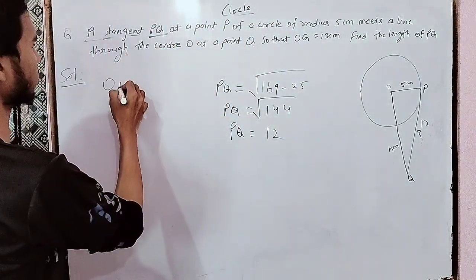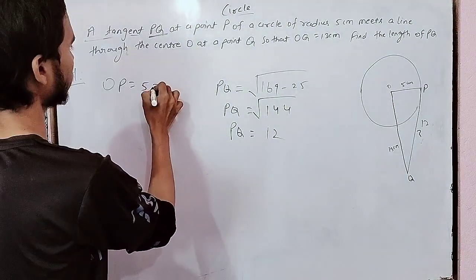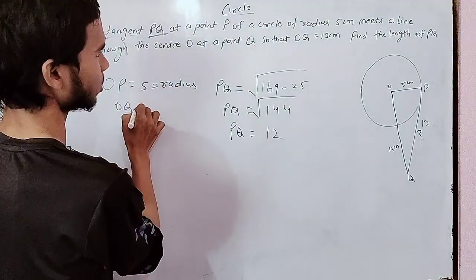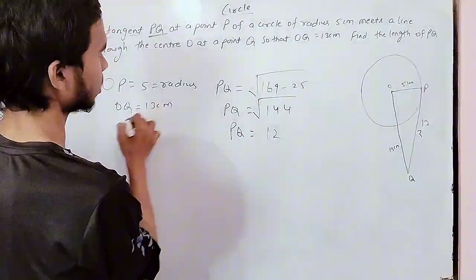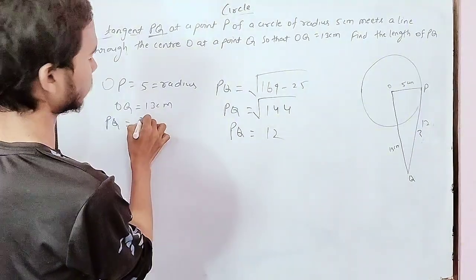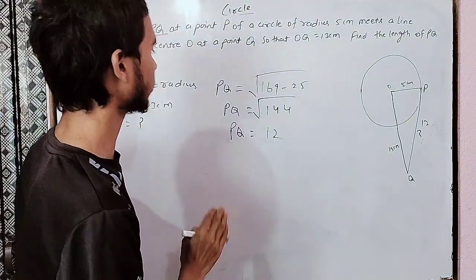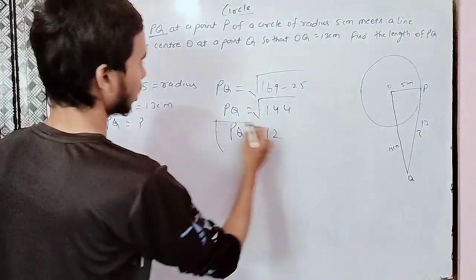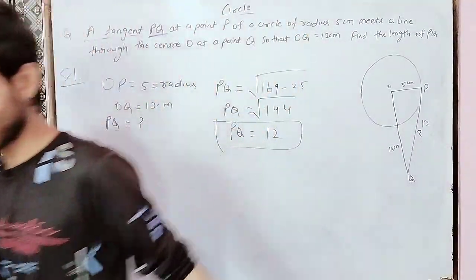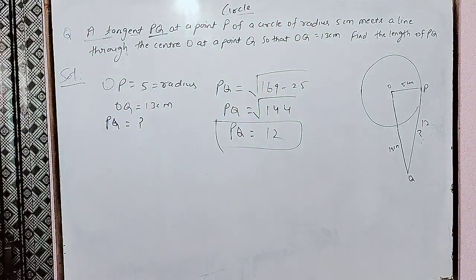We didn't know PQ, and we applied the Pythagoras theorem. That's how we got the measure of PQ. This was very easy, just applying the Pythagoras theorem. That's it.